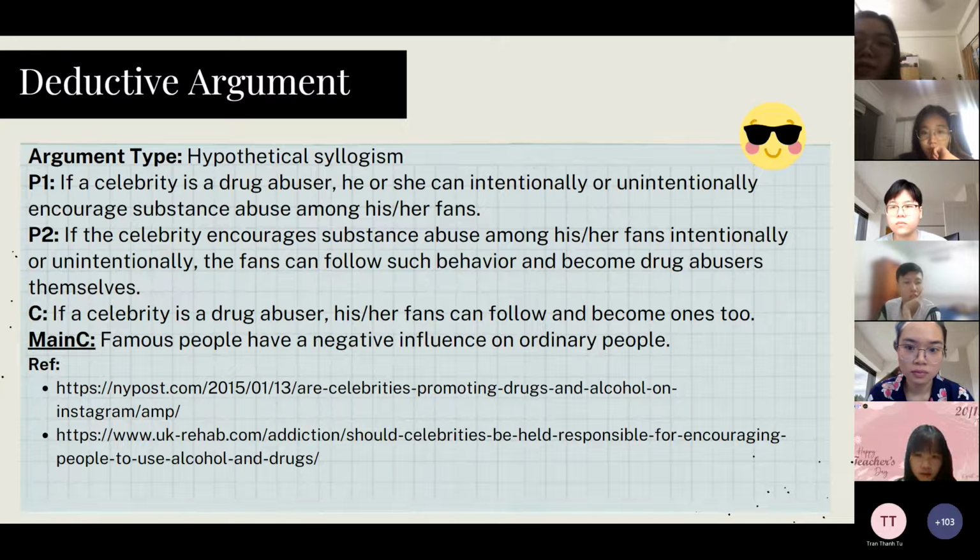So this is to say that famous people have a negative influence on ordinary people, especially when they are exhibiting drug acts, right? And so this is happening quite often as more and more drug activity has been normalizing within the content that the artist or the celebrity produce, as well as the unhealthy lifestyle that they are exhibiting to the public.